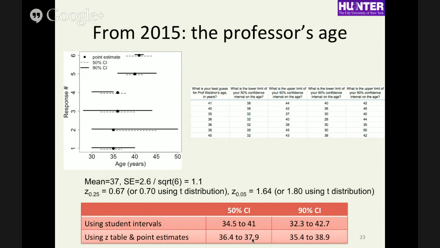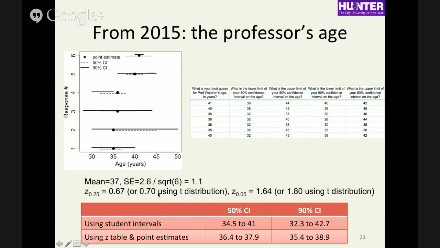Which is kind of interesting, because it means that for all of these large intervals that you gave, the spread in the point estimates is not very large. They're only between 35 and 41.